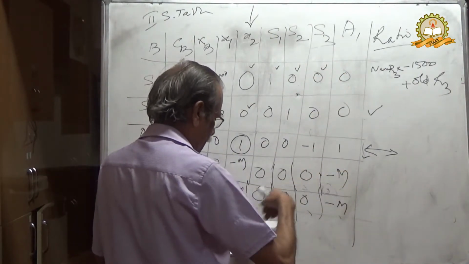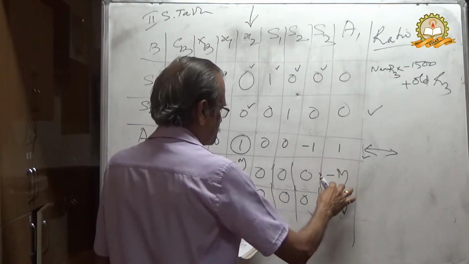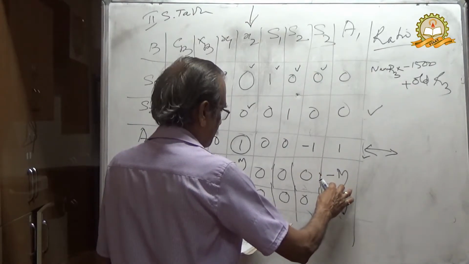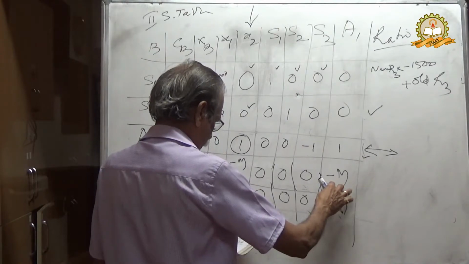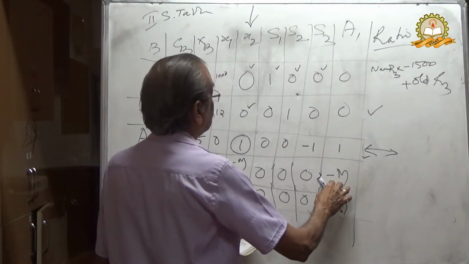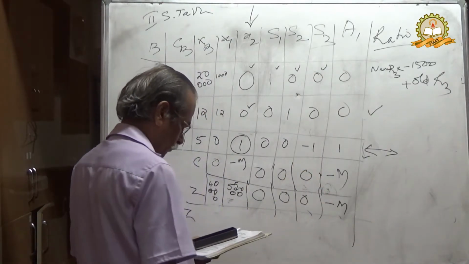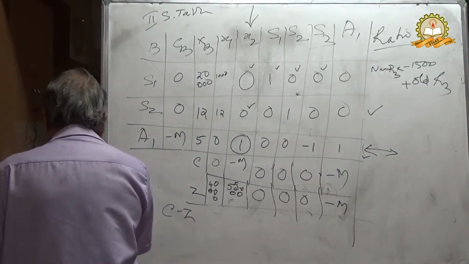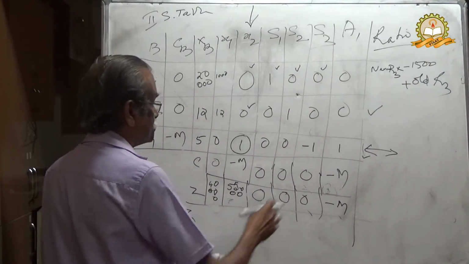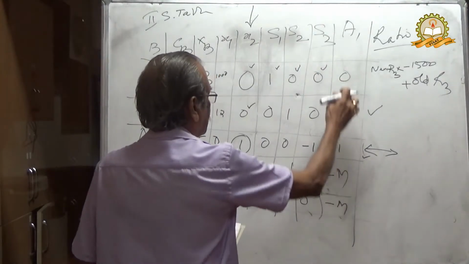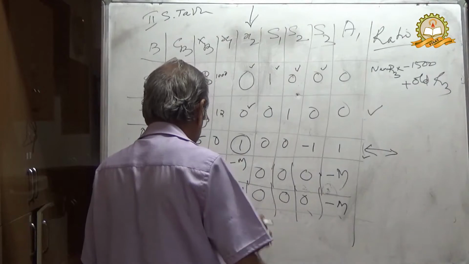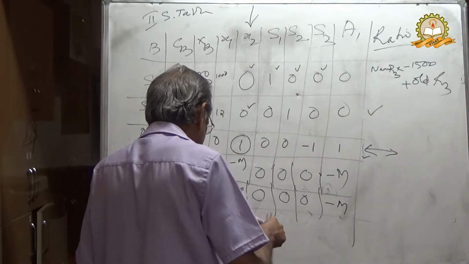This into negative 1500, this into negative 1500 under S3, okay. This into negative 1500 plus 0.